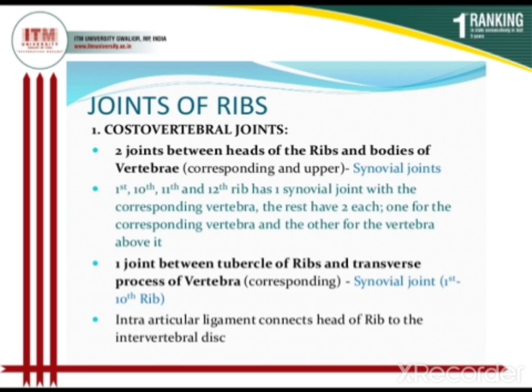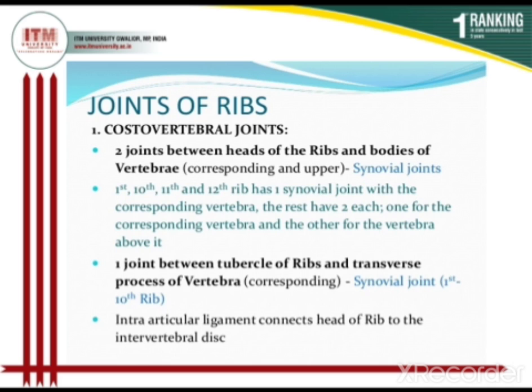For example, the costovertebral joints of the fifth rib are with the fifth thoracic vertebra, the corresponding one, and the upper one, the fourth thoracic vertebra.